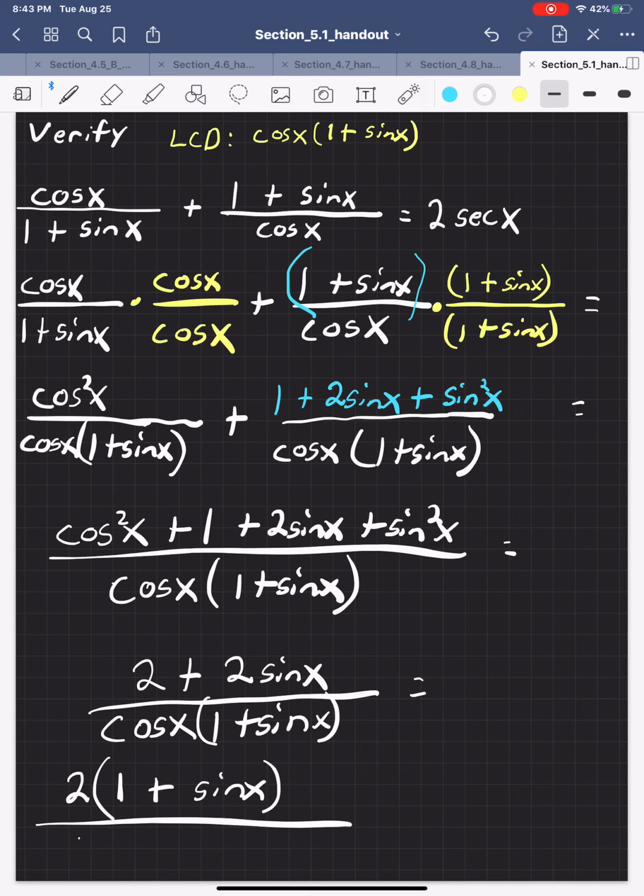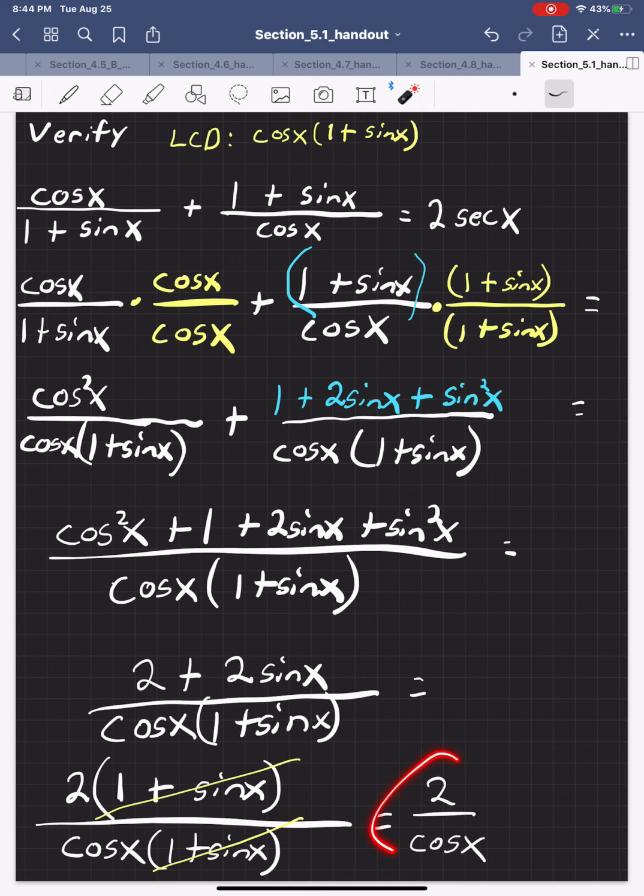Let me rewrite my denominator. Now you should see it. At this stage, this 1 plus sine of x and this 1 plus sine of x, these are factors, so we can cancel those. So what we would be left with is just 2 over cosine of x.